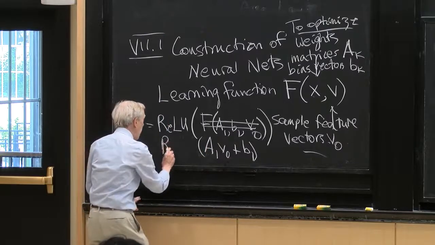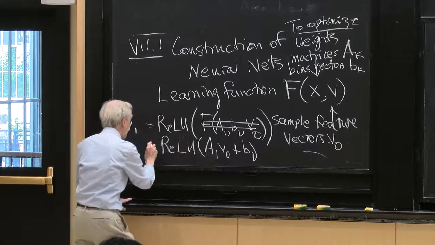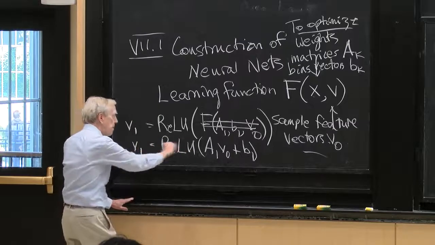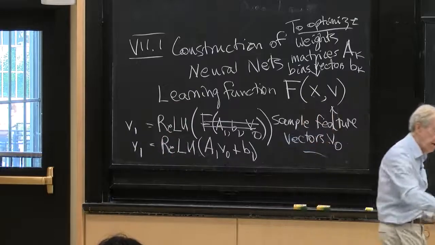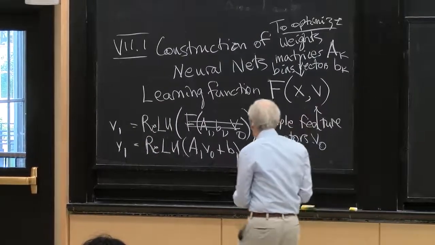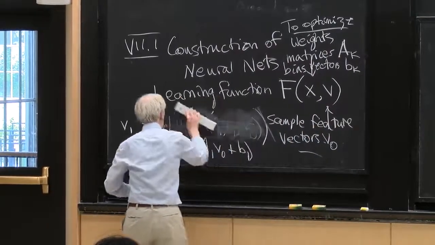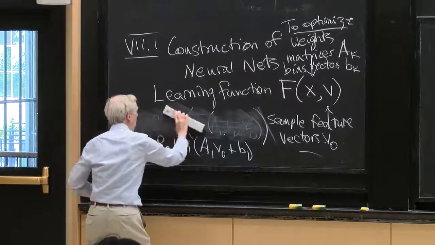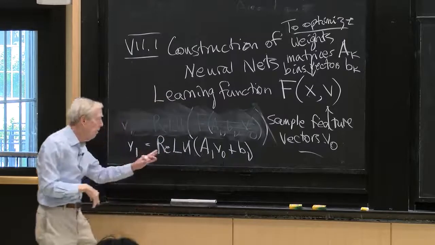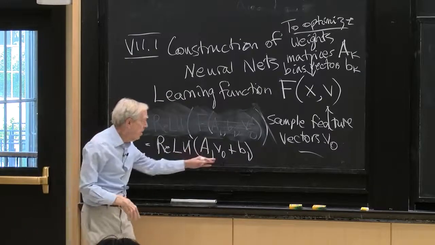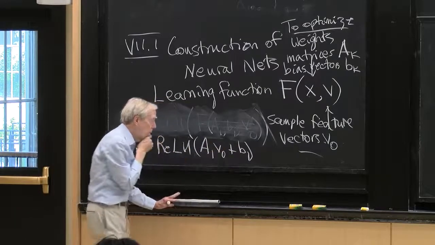Then you take the nonlinear step, and that gives you V1. That's really better than my line above, so I'll erase that line above. So that produces V1 from V0 and the first weights.